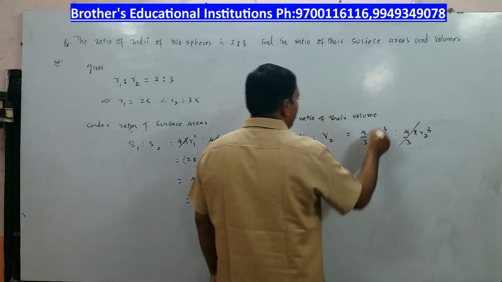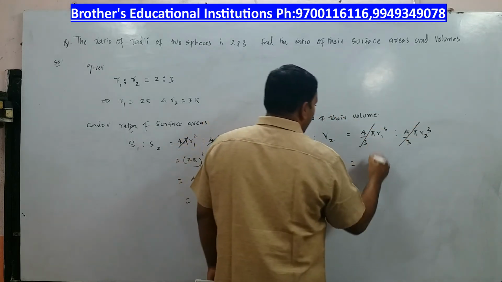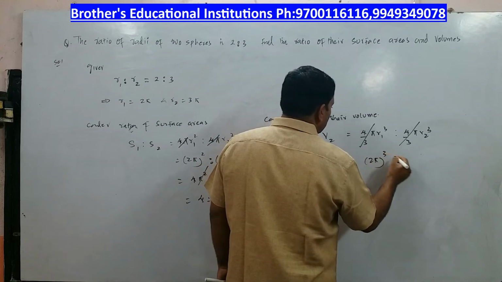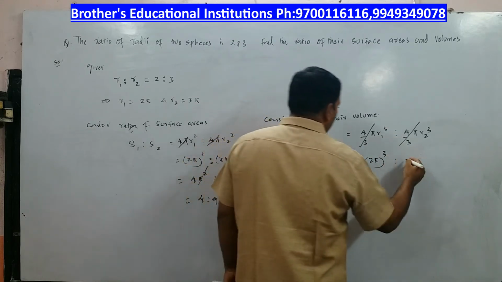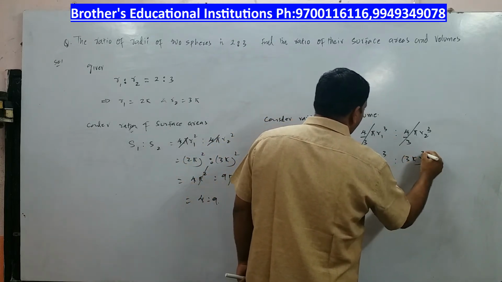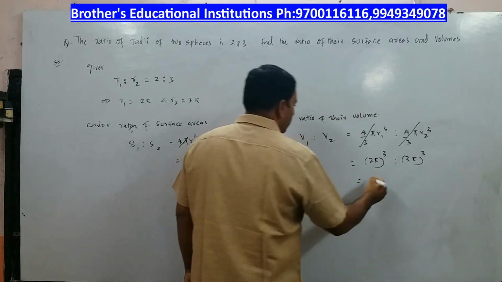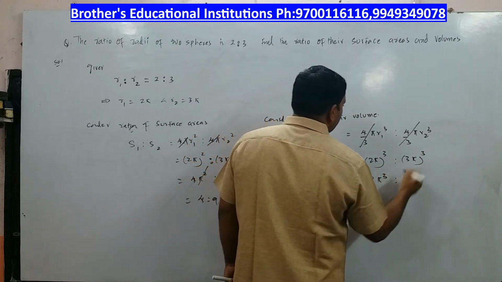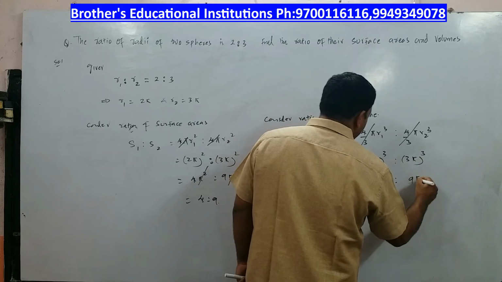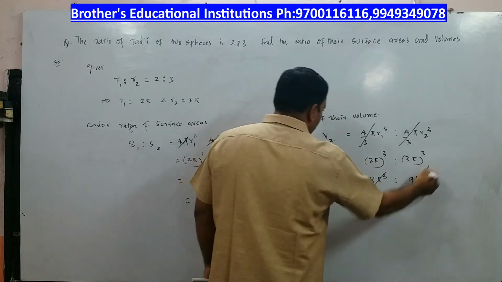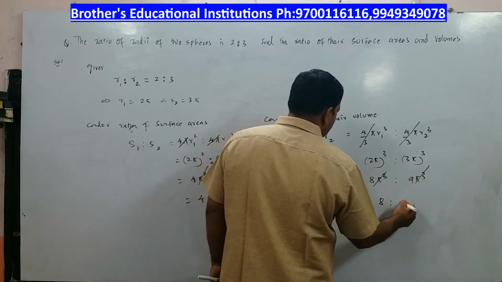So 4 by 3 pi cancel. What is R1? 2K whole cube is to, what is R2? 3K whole cube. Now what is 2K whole cube? 8K cube is to, what is 3K whole cube? 9K cube. K cube common cancel, and then it is 8 is to 9.